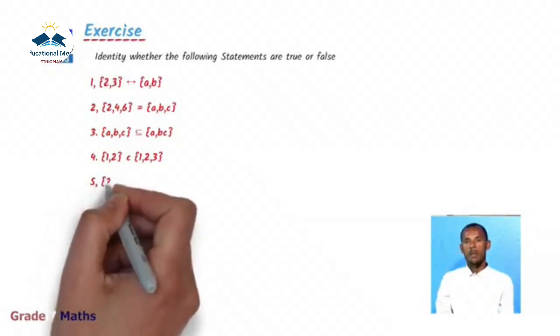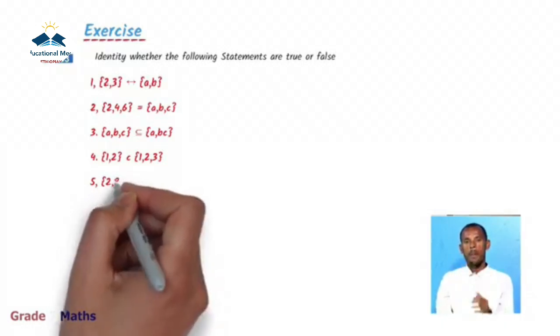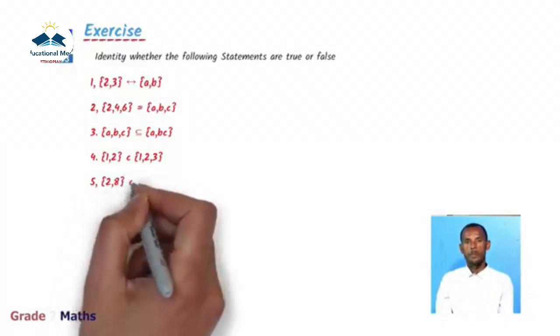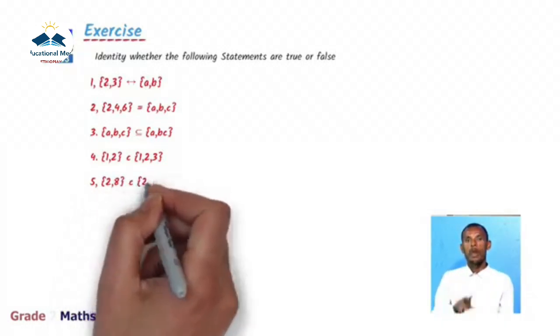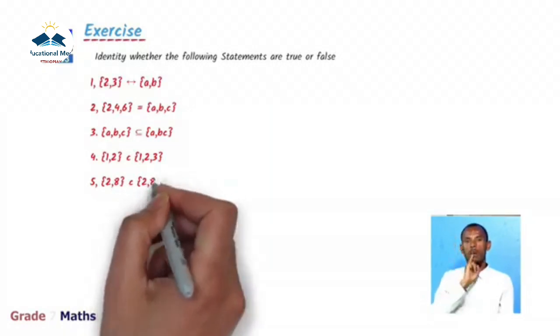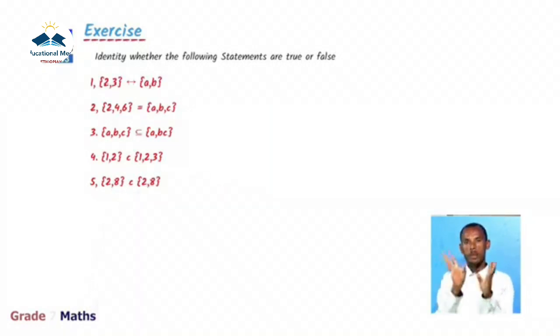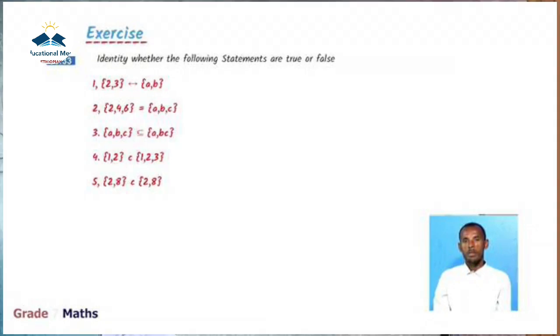Again, the last, fifth question. 2, 8 is a proper subset of 2, 8. This is all about today's lesson. Please copy the questions and I'll give you 1 minute to try it.